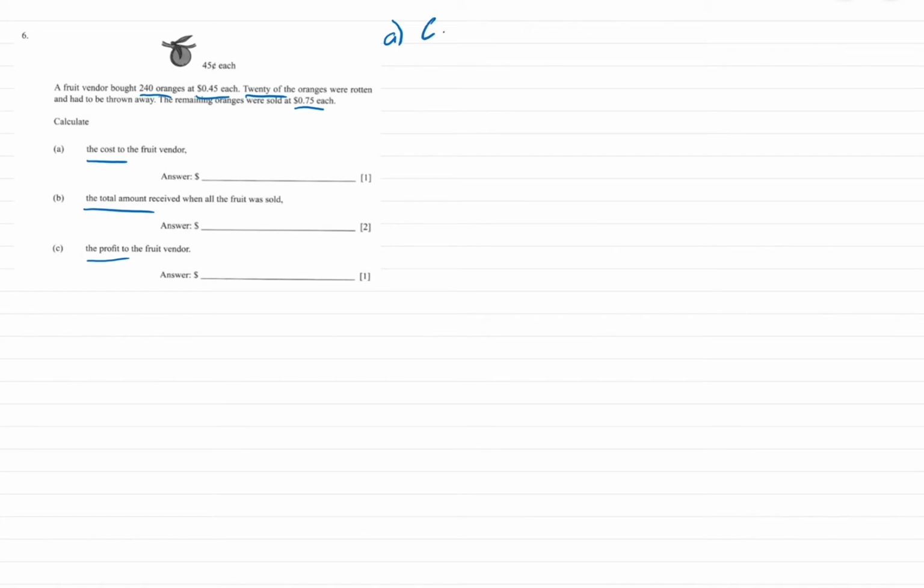So cost is going to be equal to the number of items multiplied by the price per item.